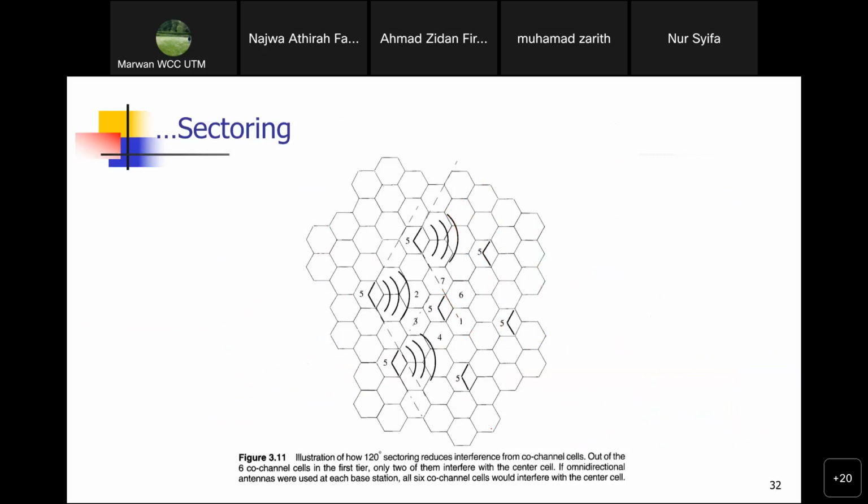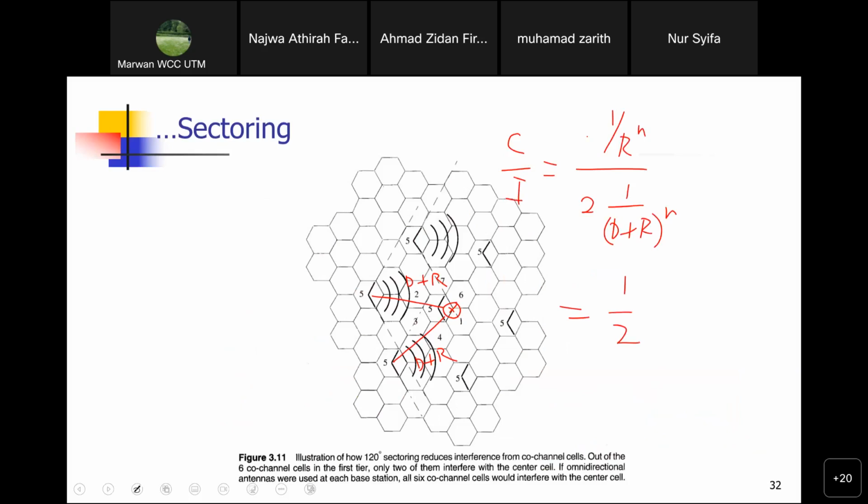For example, if you want to compute over here, the distance is actually D plus R. If you consider D plus R, then you get 1 divided by R and 2 times 1 divided by D plus R, D over I.